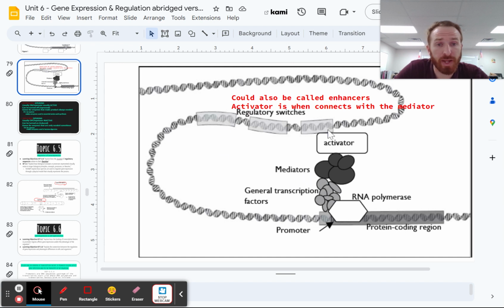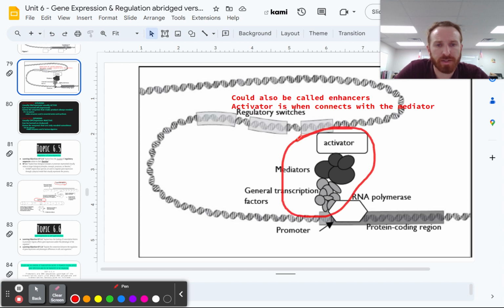Some cells don't have these regulatory switches activated by the proteins that activate them, or don't have these transcription factor complex proteins. These general transcription factors or mediators might not be there, and so you might not have transcription or translation occur.